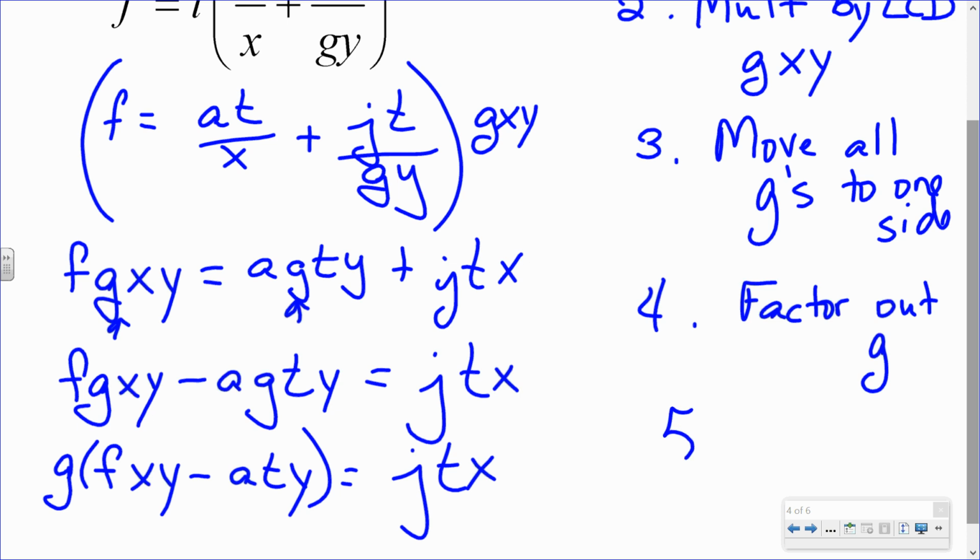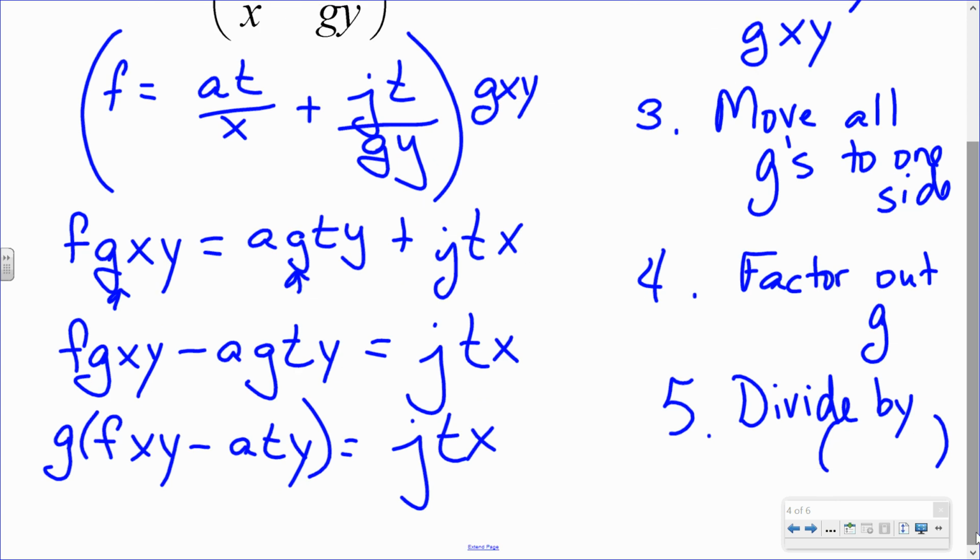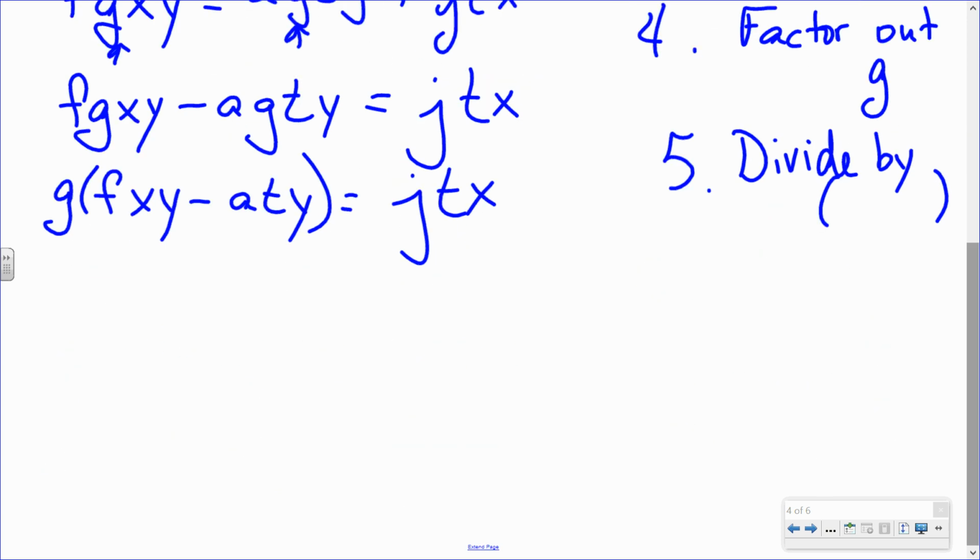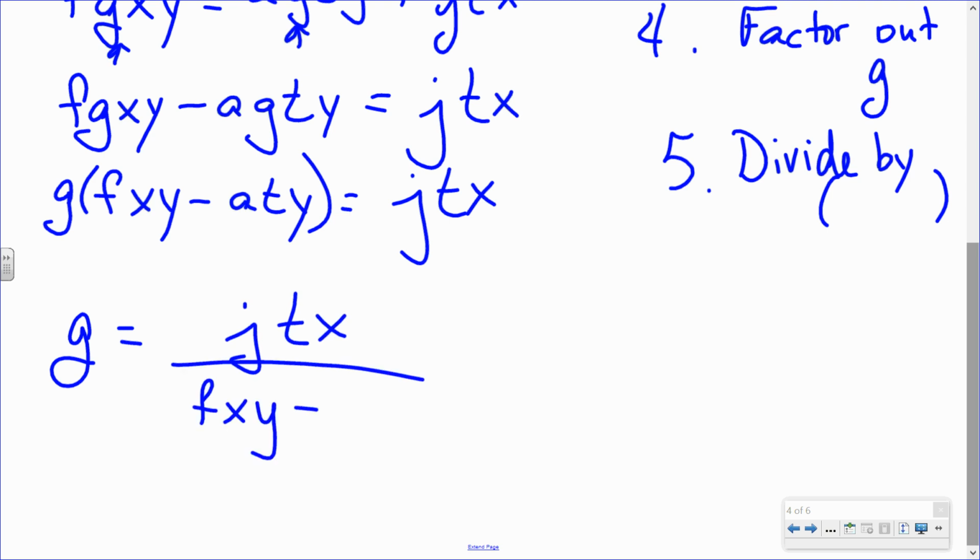And final step, what do we still need to do in order to finish this up? See, Avery. So we divide by whatever we had in that parentheses after we factored out the g. So that means that our final answer is g equals jtx over fxy minus aty.